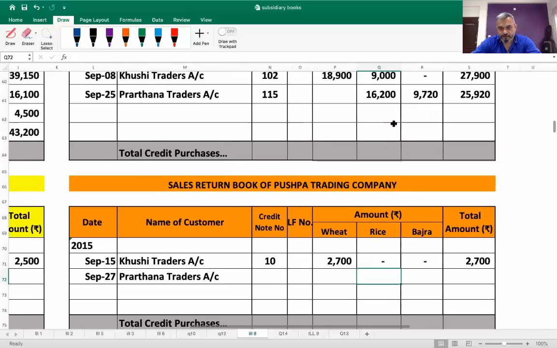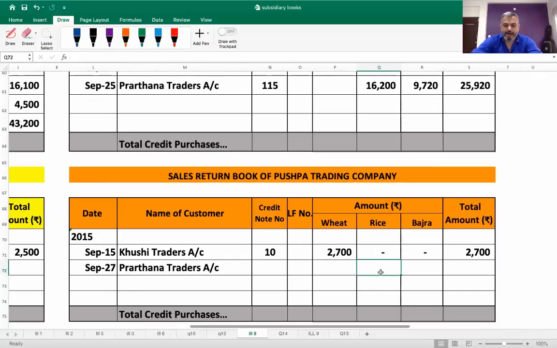So half of 16,200, that is 8,100, and half of 9,720. Let me write. 9,720 divided by 2. So 4,860. Do this, then we go for purchase return.